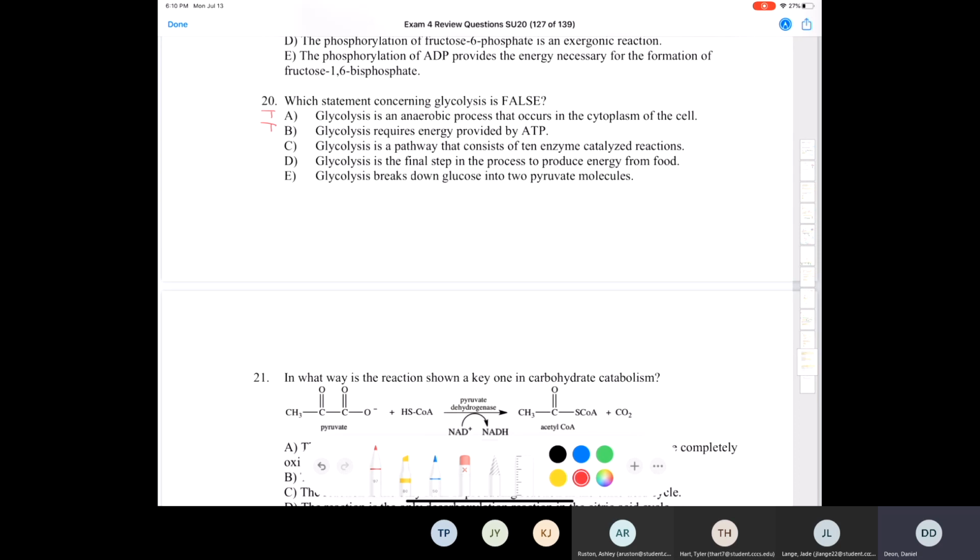I talked about how you have the investment phase in glycolysis, and then you get the payout in the long run. C, glycolysis is a pathway that consists of 10 enzyme catalyzed reactions. Yes, I referred to the 10 steps earlier. Glycolysis is the final step in the process to produce energy from food. That is absolutely false. That is not true.